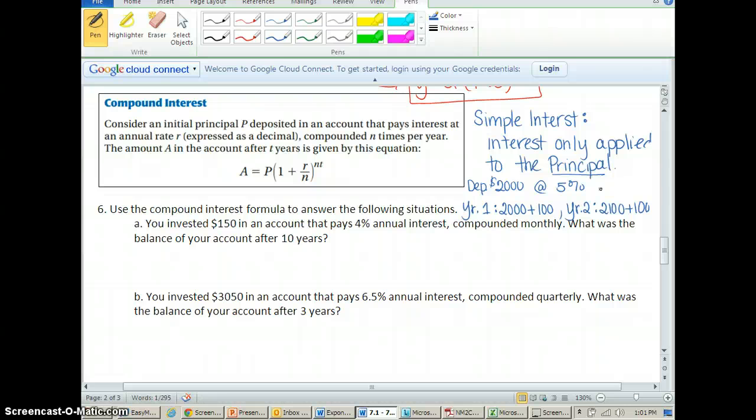So if we look at the pieces here of what this is, P is your principal, which means, again, your initial balance, whatever you're charging or putting in. R is your rate, and that's going to be a percentage again. Now, N is the number of times compounded.